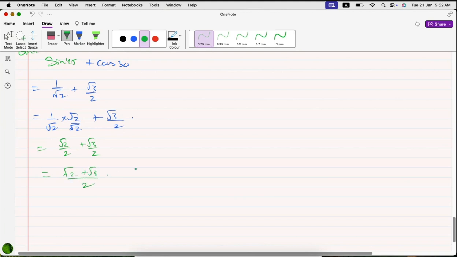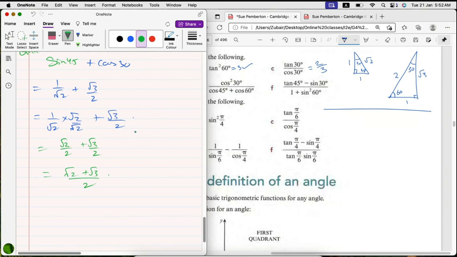Done. If you would take the LCM first, the answer will be the same, but it would take more steps to simplify it. Is this clear? Yes.